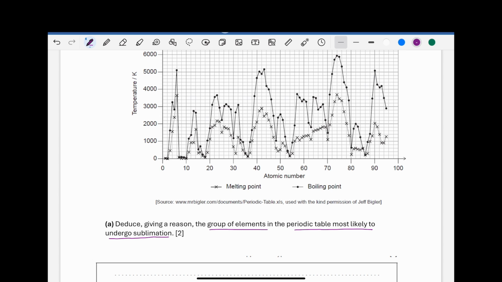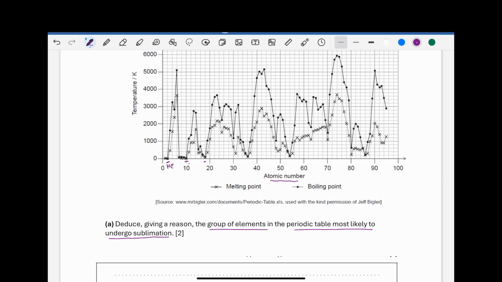So let's have a look. On the x-axis we have atomic number given, and we have 2A, which is helium, and then we have 10, which is neon, and then we have 18 somewhere, which is argon.